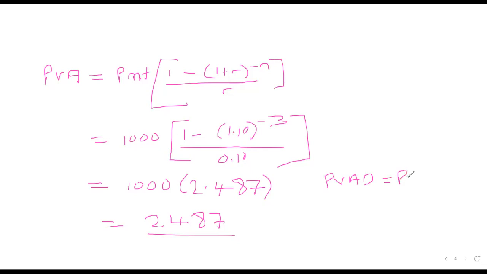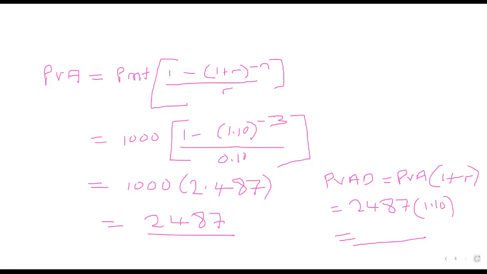The present value itself times 1 plus R. So 2,487 multiplied by what? 1.10. So this is called the present value of an annuity due.